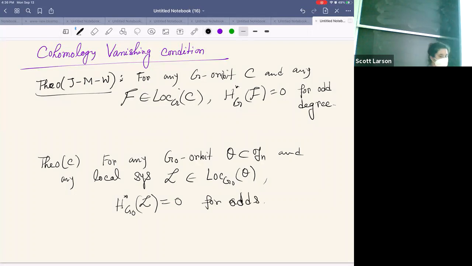This is one of the theorems where I really needed that pretty good condition. So once I have this theorem, now we can talk about parity sheaves. It's still not assured that they exist, but we can talk about parity sheaves in the graded setup.